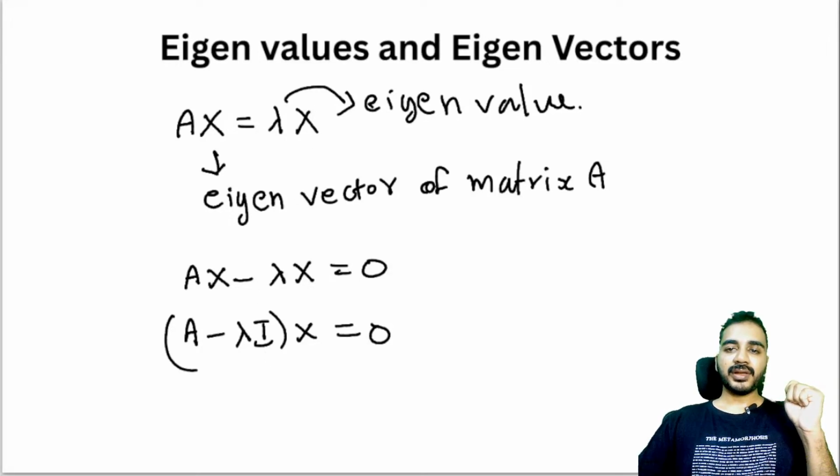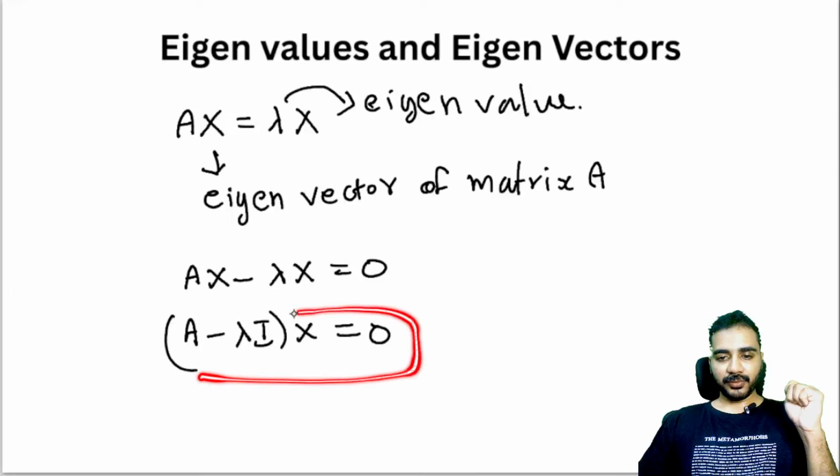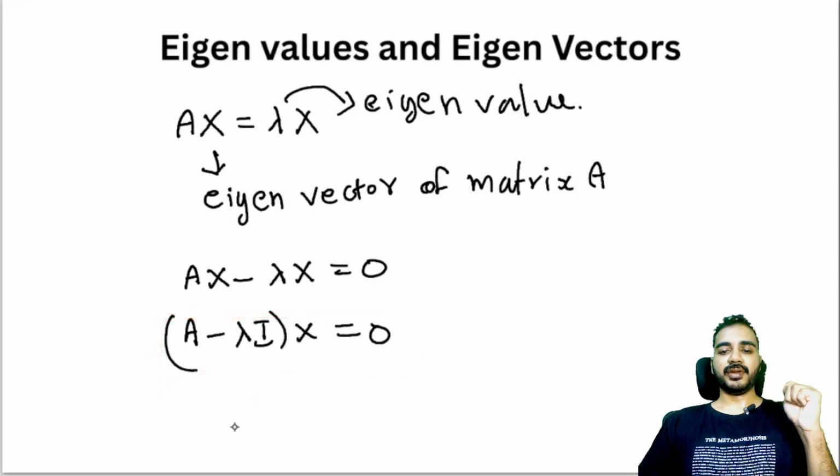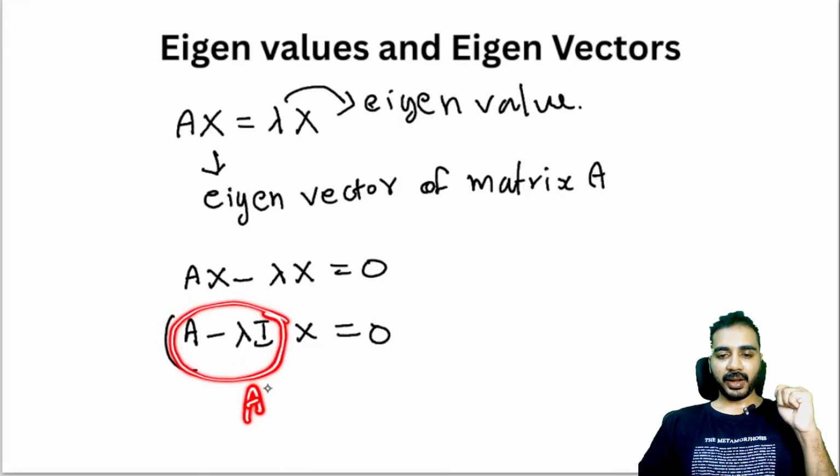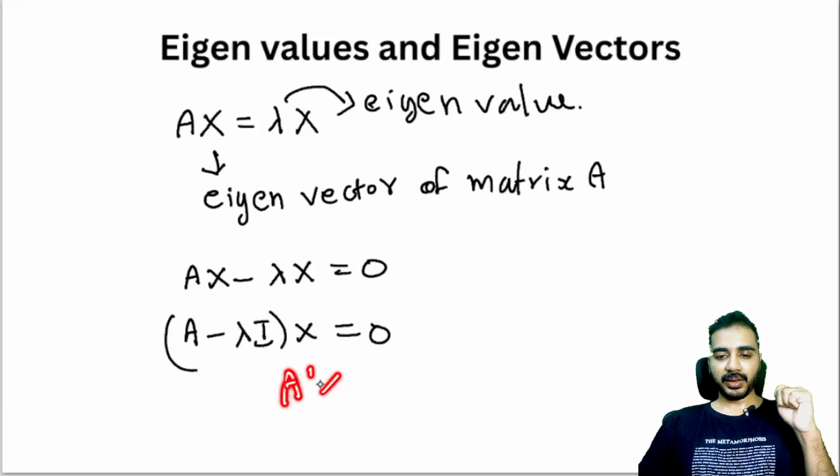So this is in the format of a homogeneous system of linear equations, and this whole thing can be rewritten as A dash x equal to 0.